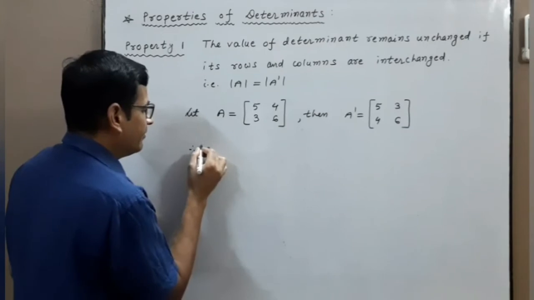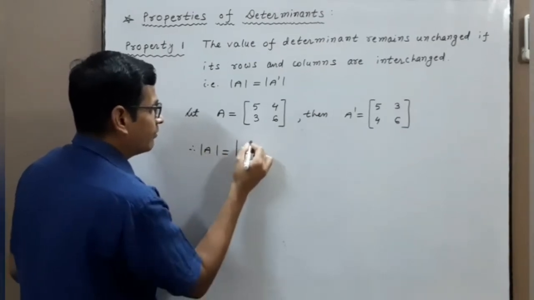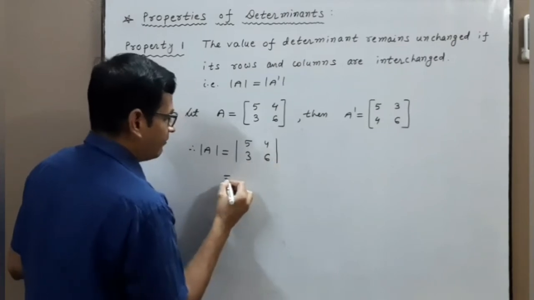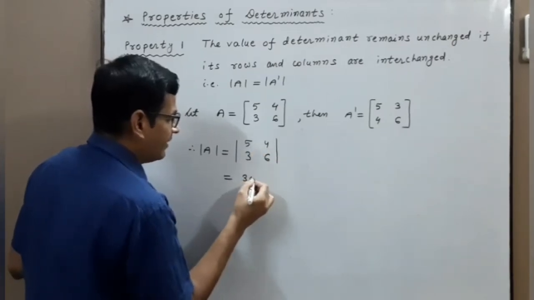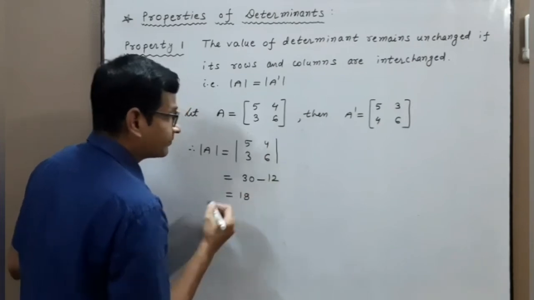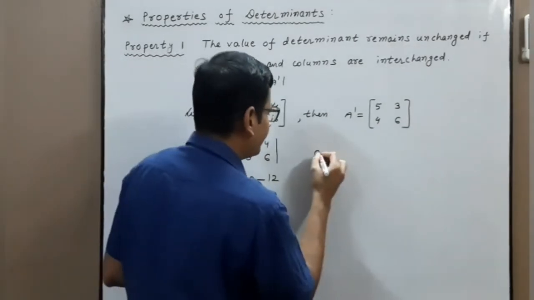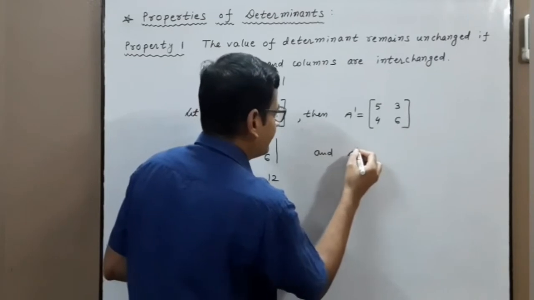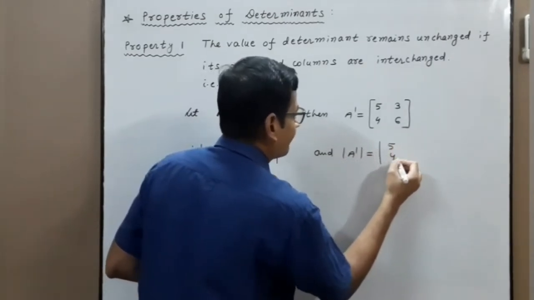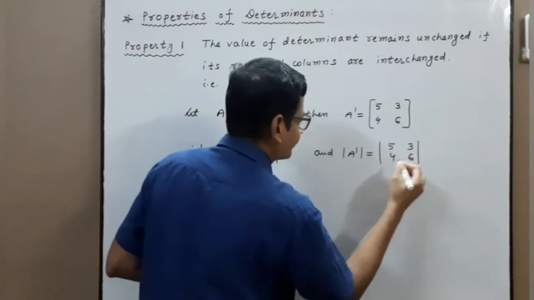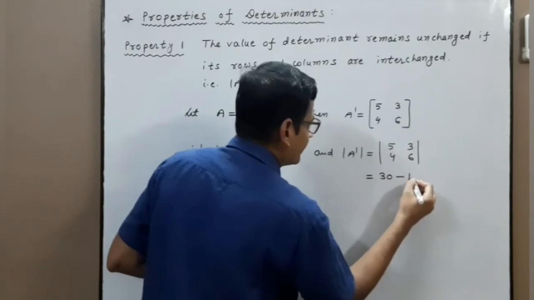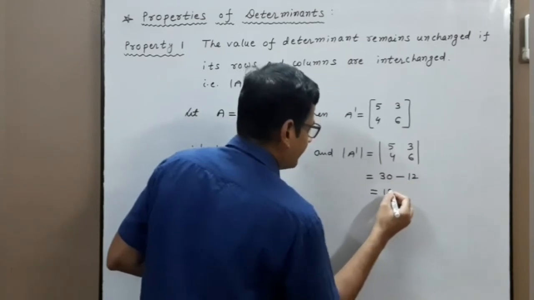Therefore, determinant A is equal to |5 4; 3 6| is equal to 5 into 6, 30, minus 4 into 3, 12, is equal to 18. And determinant of transpose of A is equal to |5 3; 4 6|, 5 sixes are 30, 4 threes are 12, is equal to 18.